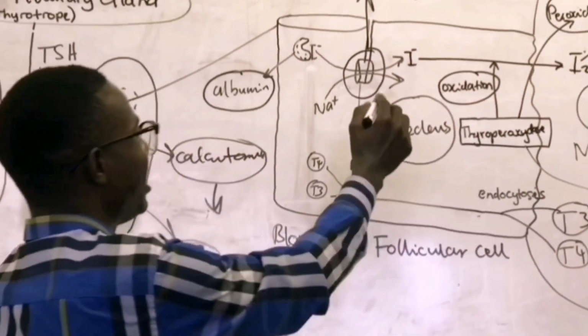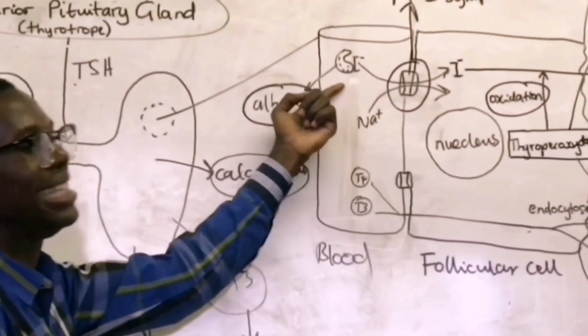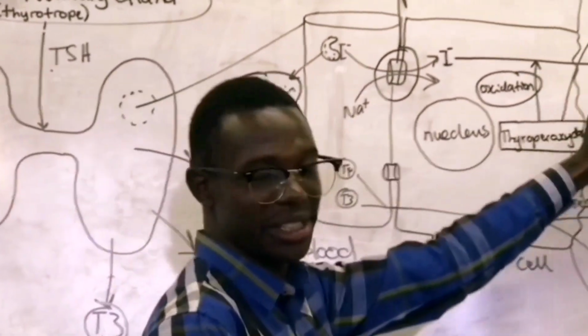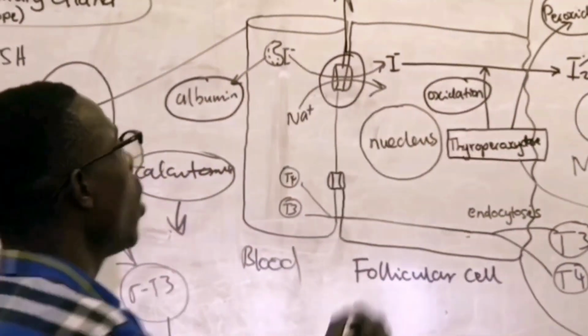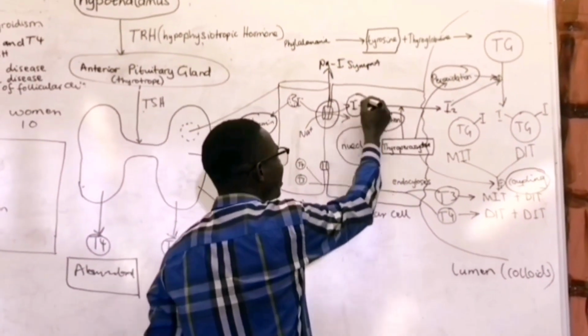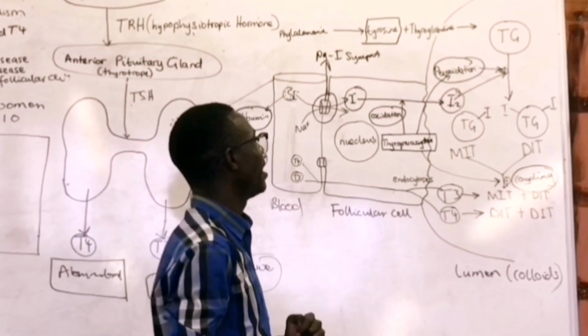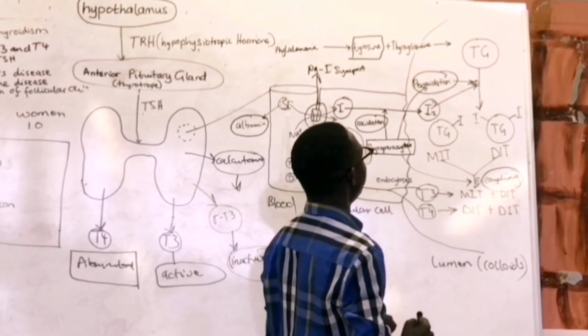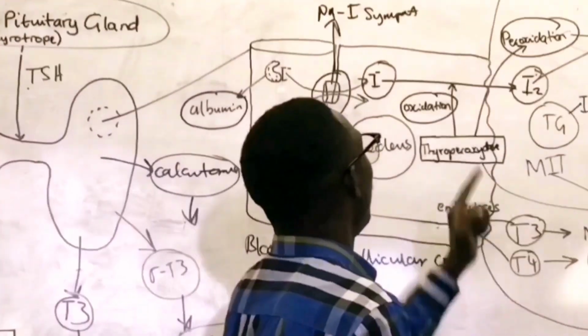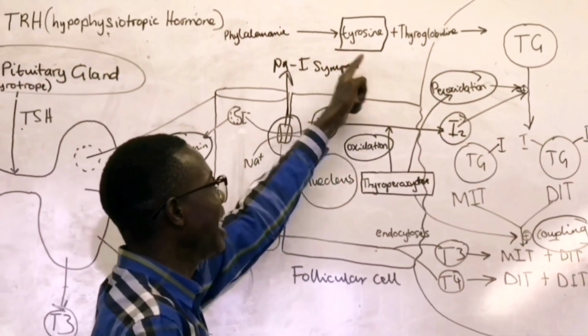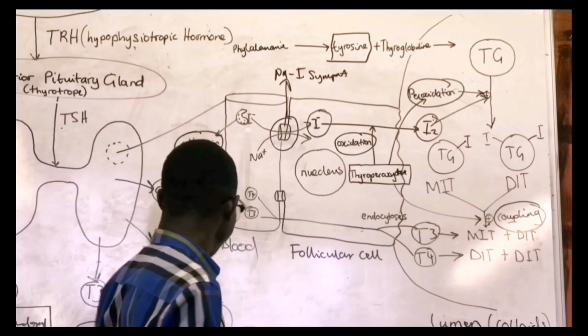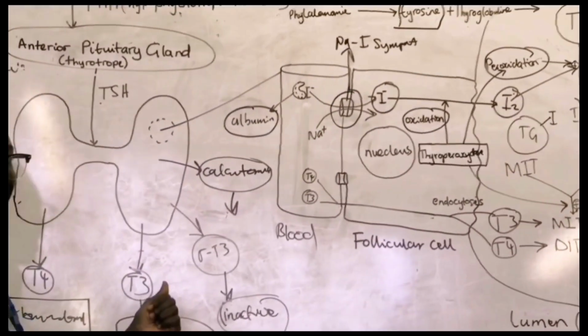We start from oxidation. Remember, we have iodides, but we want iodine. So it is going to oxidize iodide to iodine by the process of oxidation. Now we have iodine. We said we need 2 things: we need the tyrosine and iodine to make T4, T3, and RT3.